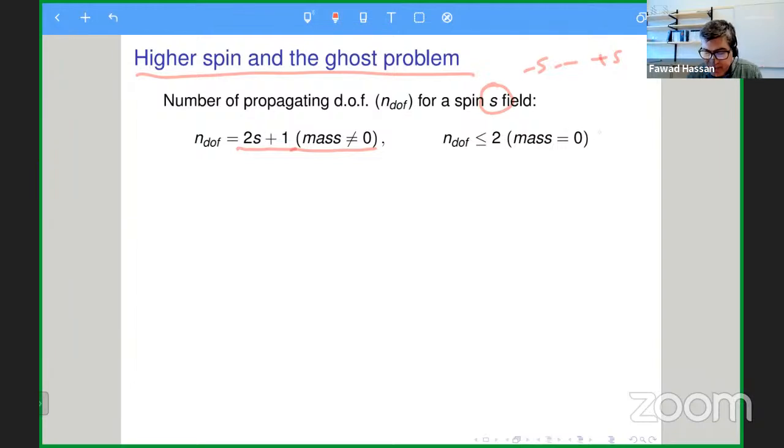So for massless fields, the number of degrees of freedom, by which I mean propagating degrees of freedom, are maximum 2, depending on their spin. And for massive fields, they are 2S plus 1. So that's the number of degrees of freedom that you want to have for a field of spin S.